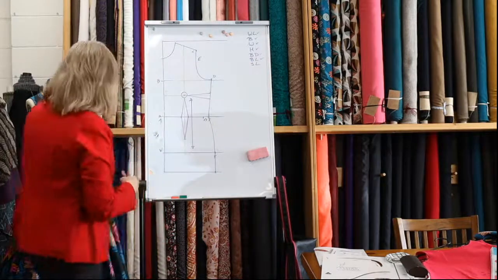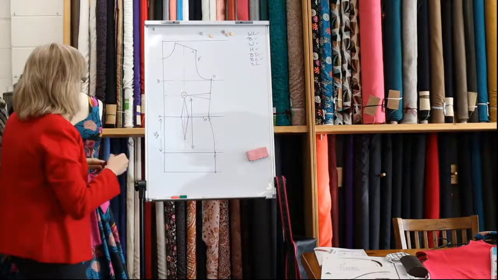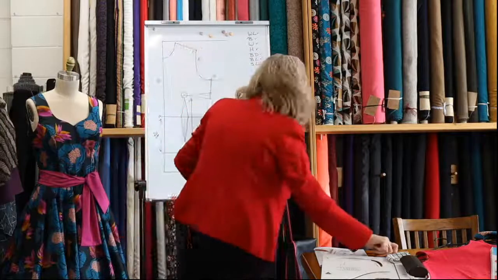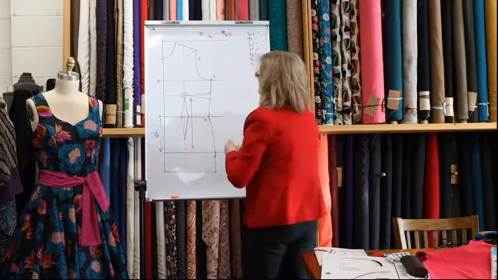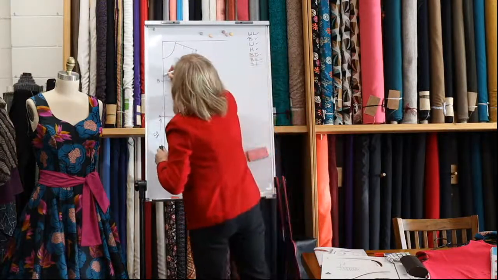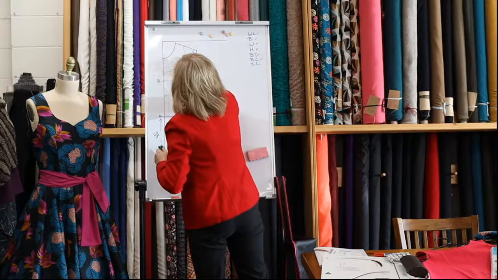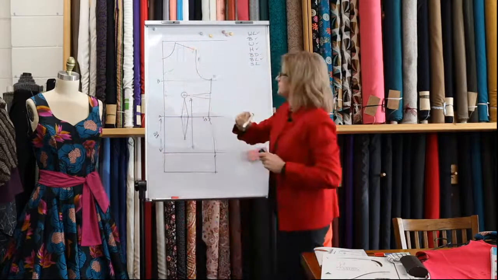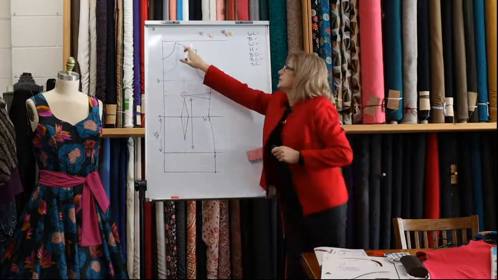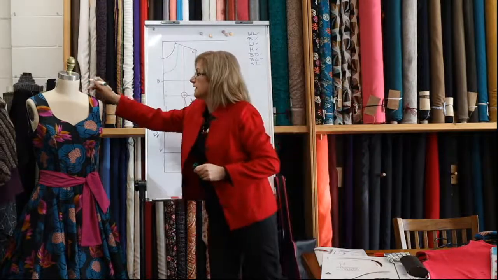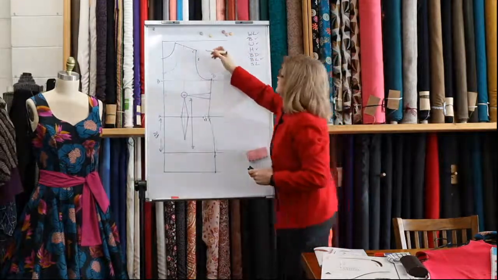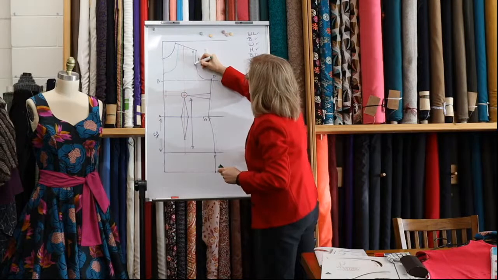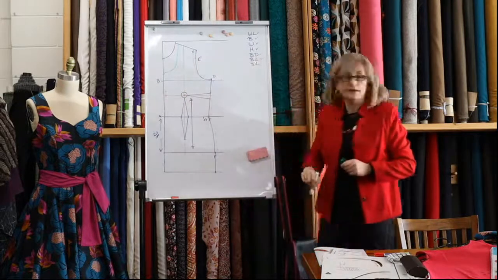But if you wanted to make this, you're doing a sweetheart neckline. So your sweetheart neckline starts here and goes up like that. That shoulder is a full shoulder from there to there. So because it's sleeveless, I've trimmed it away more, like that.